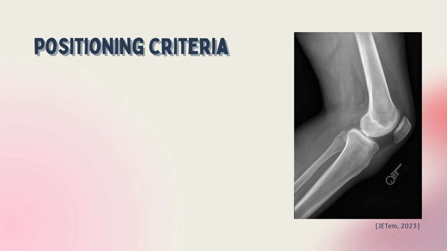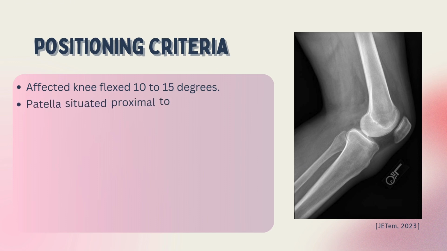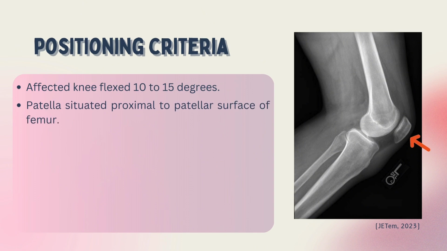Now, moving on to the positioning criteria to obtain good quality of the radiograph. Firstly, the affected knee should be flexed 10 to 15 degrees. This is to ensure the patellofemoral joint is open, and the medial and lateral epicondyles are superimposed. Then, the patella should be situated at the patellar surface of the femur.